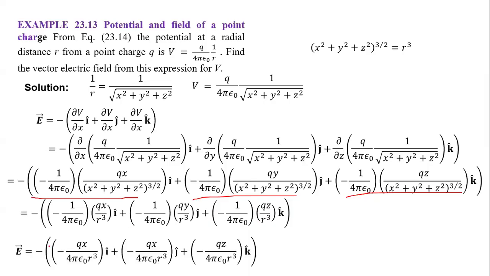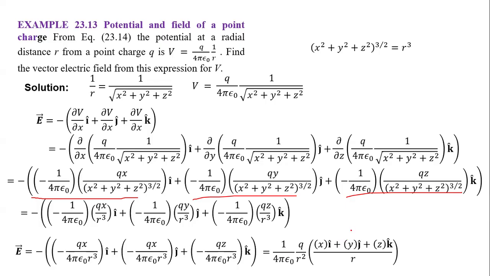Okay. So we can further simplify this. We can factor out q over r squared, leaving x i hat plus y j hat plus z k hat over r. So we factor out 1 over 4 pi epsilon naught times q over r squared.